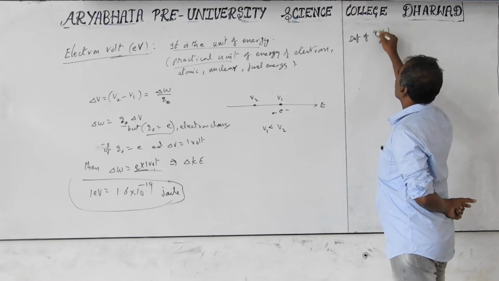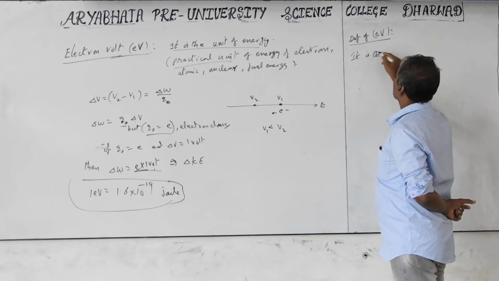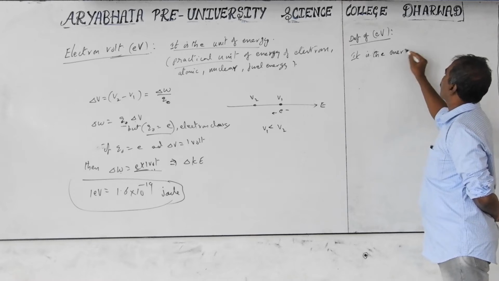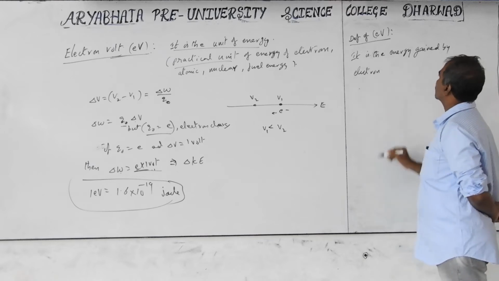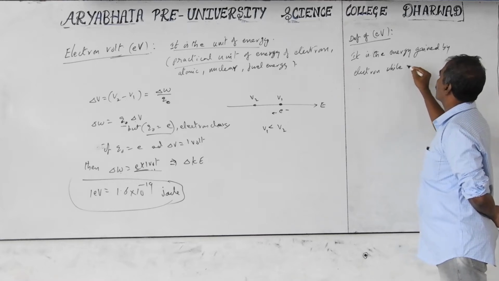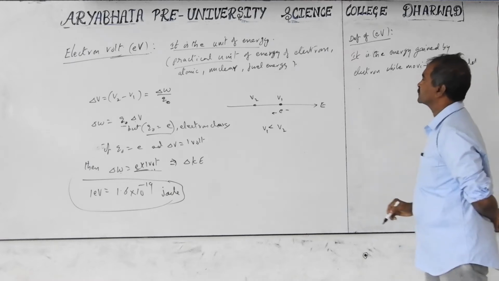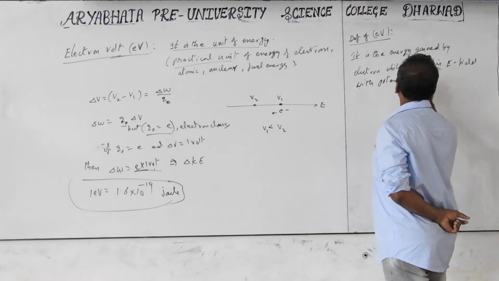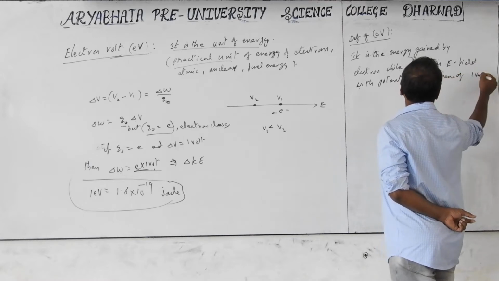Definition of electron volt: it is the energy gained, or kinetic energy gained, by the electron while moving in an electric field with a potential difference of 1 volt.